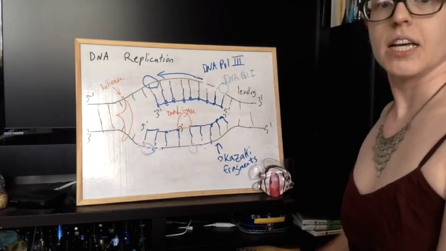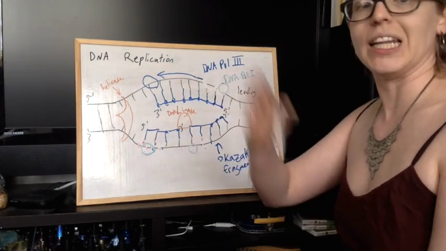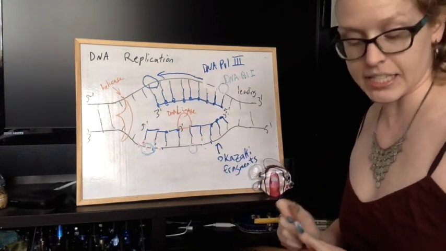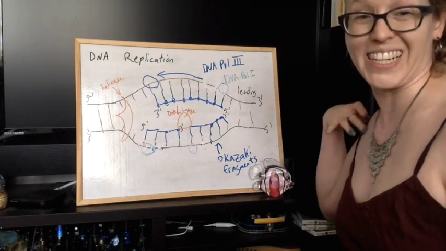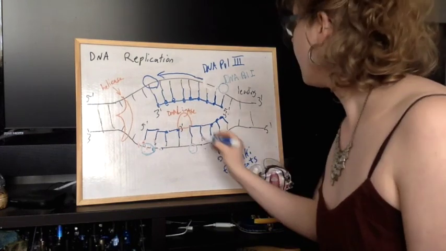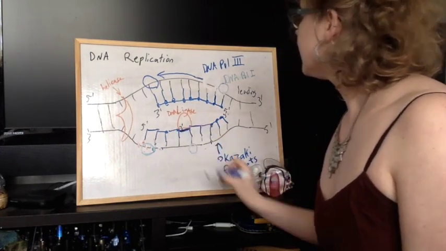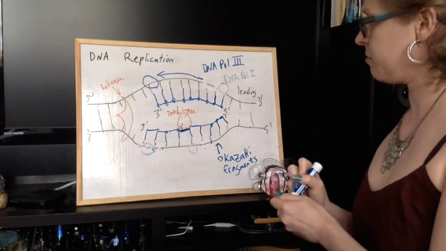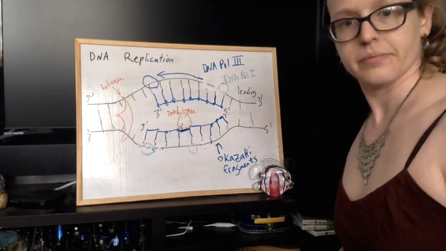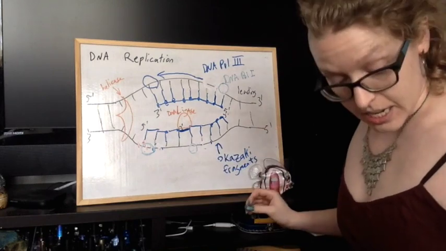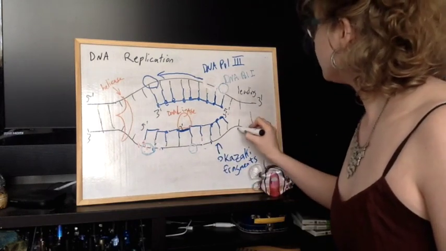DNA ligase connects DNA, so it ligases DNA. Ligase is just a weird term for stick together thoroughly. And DNA ligase can connect Okazaki fragments. That is how the lagging strand happens.